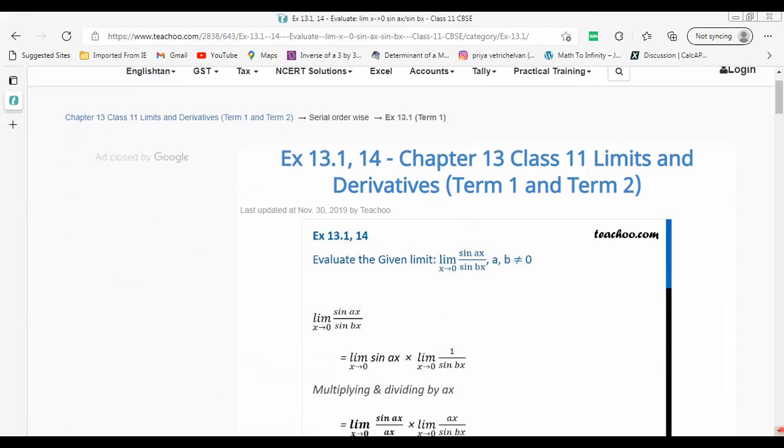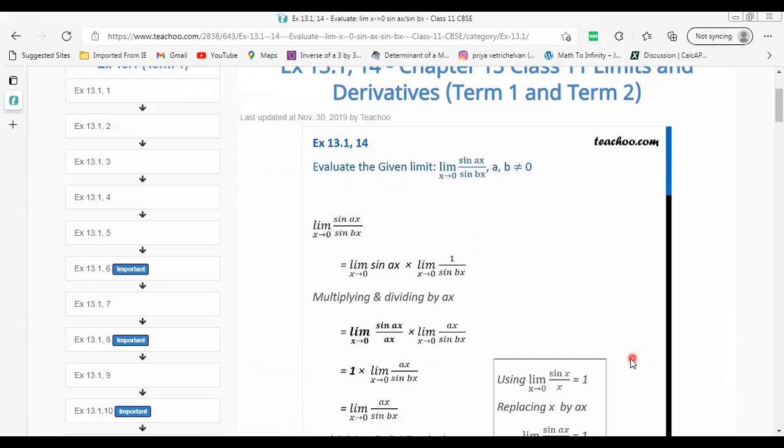So this is also based on question number 13 only. You will be using the same kind of limit identity, that is sin x upon x equal to 1. Okay, let's see. So limit x approaches 0, sin ax upon sin bx, where a and b are not equal to 0. In the first step, they just split the numerator and the denominator. Like if you have a by b, you are allowed to write this as a into 1 by b.